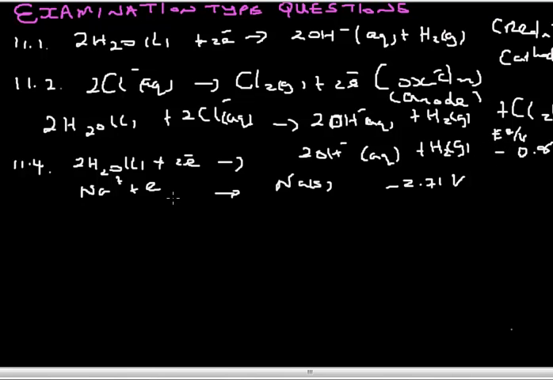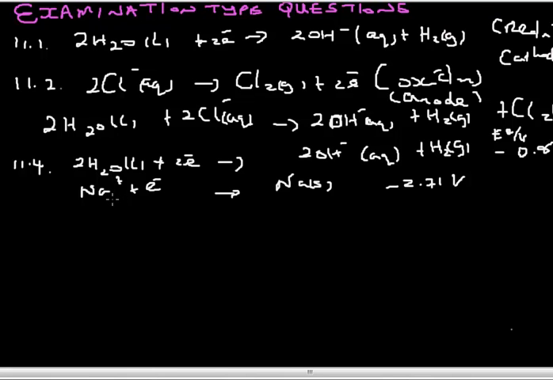As a result, it will be very difficult for our sodium ion to participate in a reduction reaction more readily than water, right? That's why we are saying that if our water is participating in our reduction reaction, then it is a stronger oxidizing agent than the sodium ion.